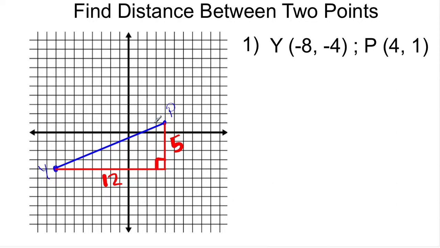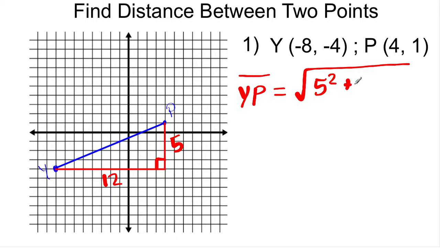So the hypotenuse must be 5 squared plus 12 squared, and then take the square root of that. So distance YP is equal to the square root of 5 squared plus 12 squared.